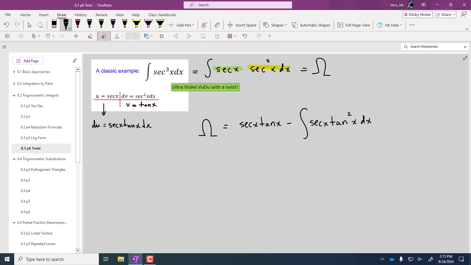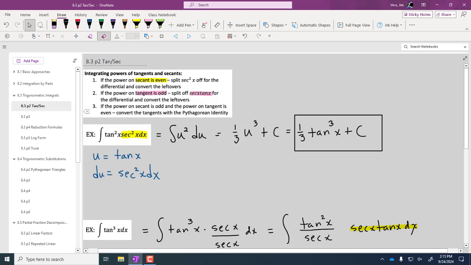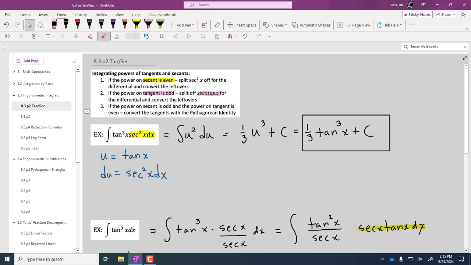Last week, we talked about the integral of secants and tangents. And recall that if the power on secant is even, we pull off a pair of secants and convert any leftovers. If the power on tangent is odd, we pull off a sectan and convert any leftover tangents. So secant even, we have something to do.